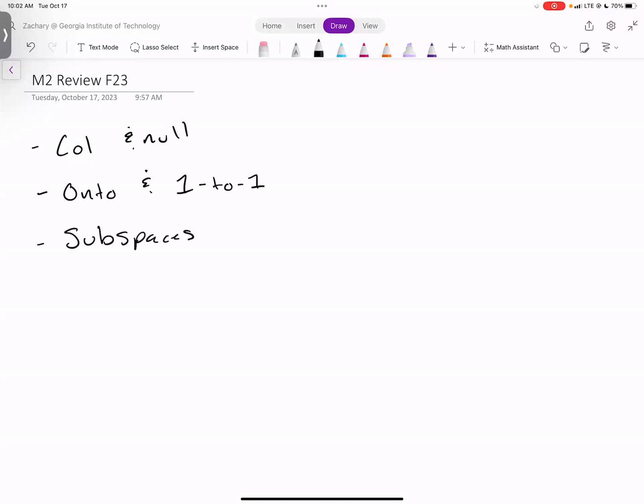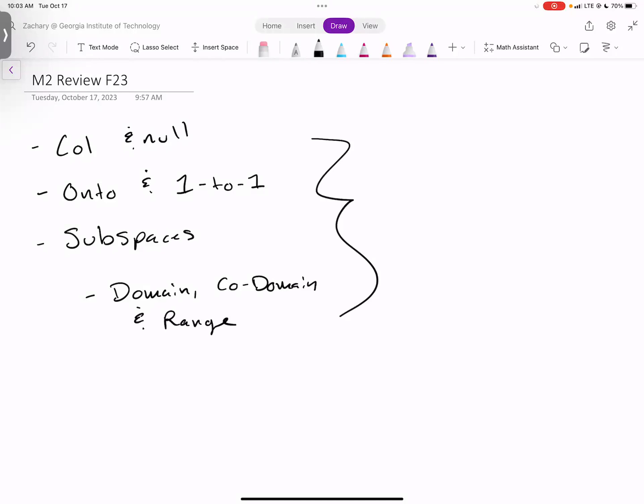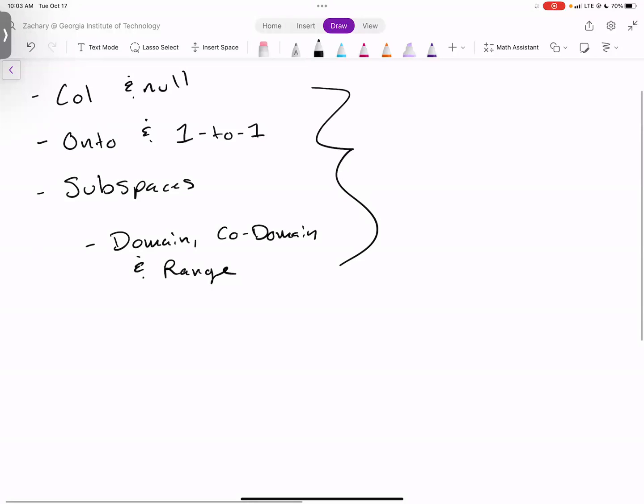Kind of a subtopic of these things is domain, codomain, and range. And understanding these kind of locks down all the different things that this exam is about. And within this, there's also another subtopic of a basis.